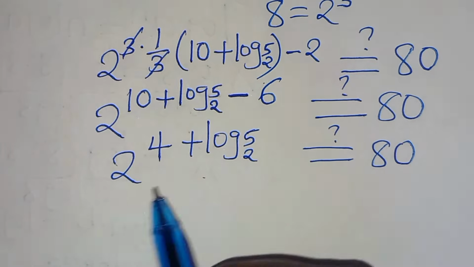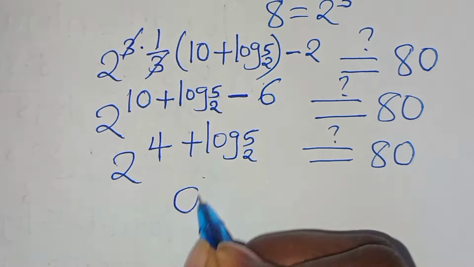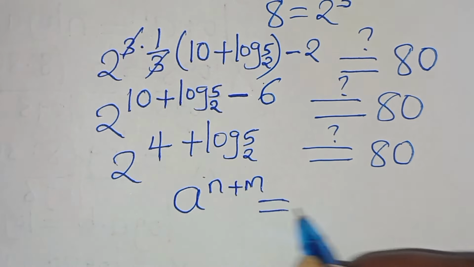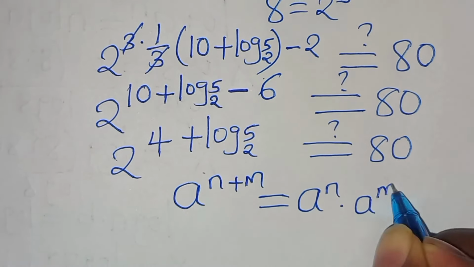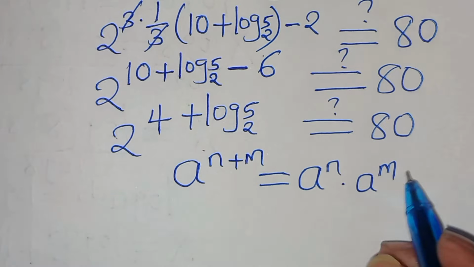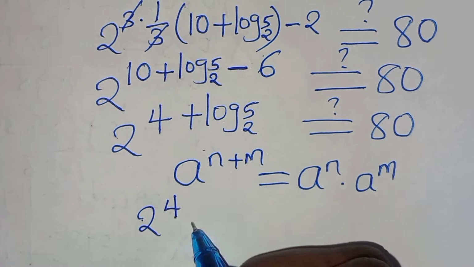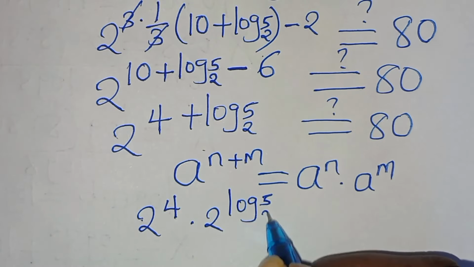Okay? Now, 2 to the power of 4 plus log 5 to base 2. This is in the form of a to the power of n plus m, which we can express as a to the power of n times a to the power of m. Applying this exponent property, then here we have 2 to the power of 4 times 2 to the power of log 5 to base 2.